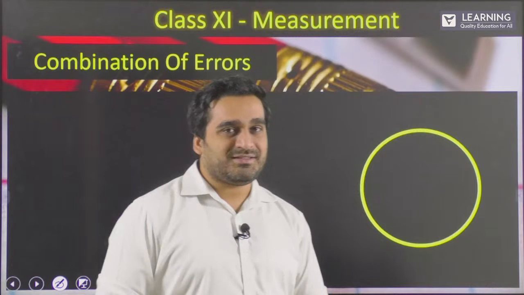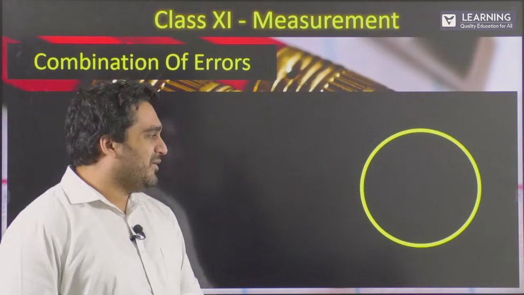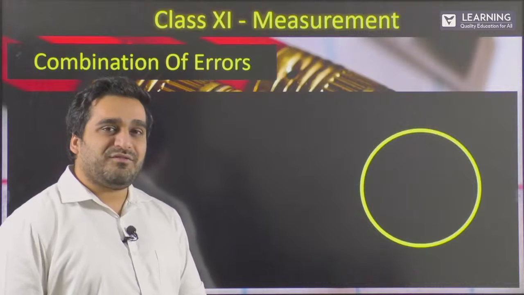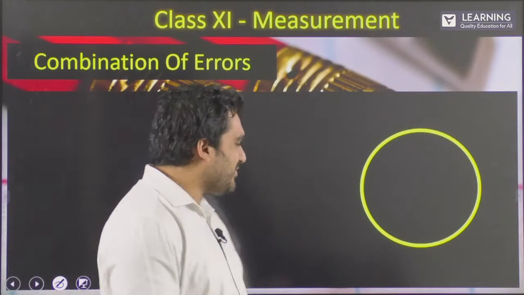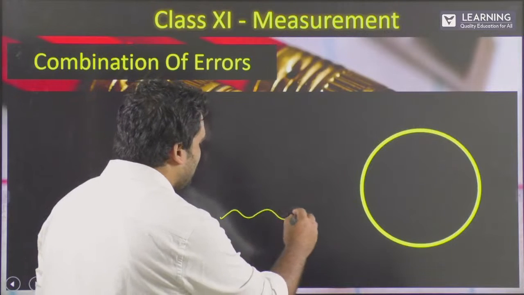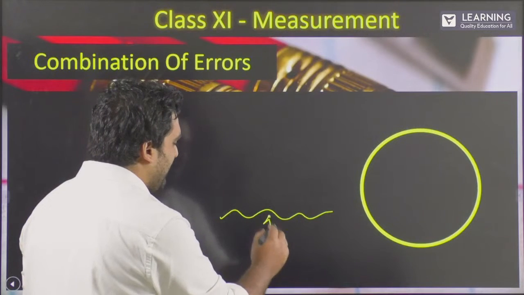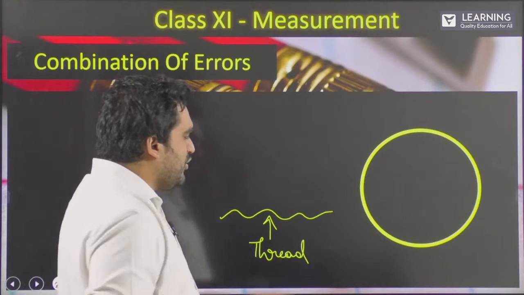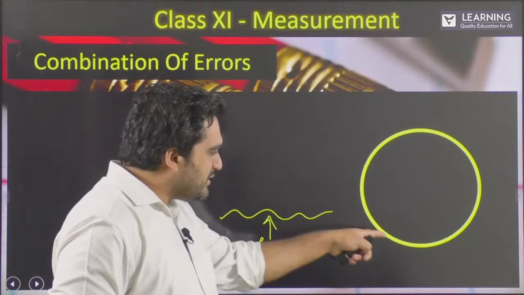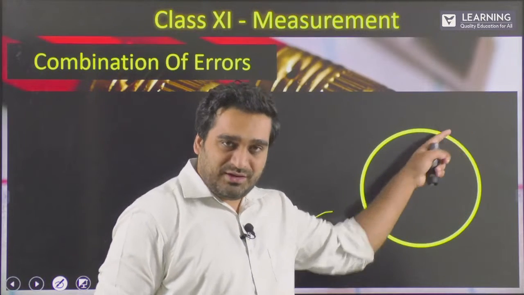Take a guess. Well, one way you can find this length is by using a thread. That's right. You use a piece of thread. You will trace the path of the circumference using the thread.